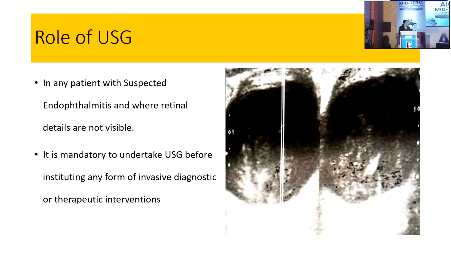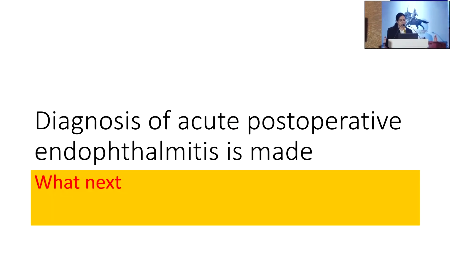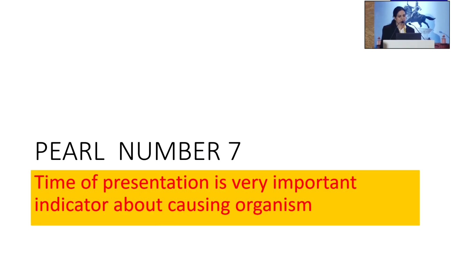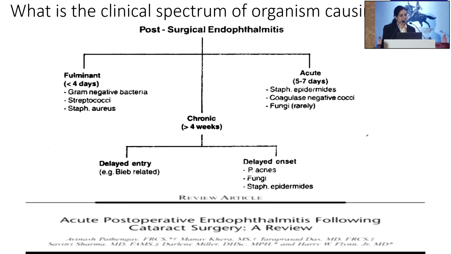So what is the role of ultrasonography in the diagnosis of acute postoperative endophthalmitis? Then what next? We have to differentiate. The time of presentation is a very important indicator of the causing organism. If it is less than 4 days, we should suspect gram-negative organisms, streptococci and Staph aureus. More than 4 weeks, that is the chronic delayed onset, fungi and Staph epidermidis, coagulase negative, and fungi rarely.